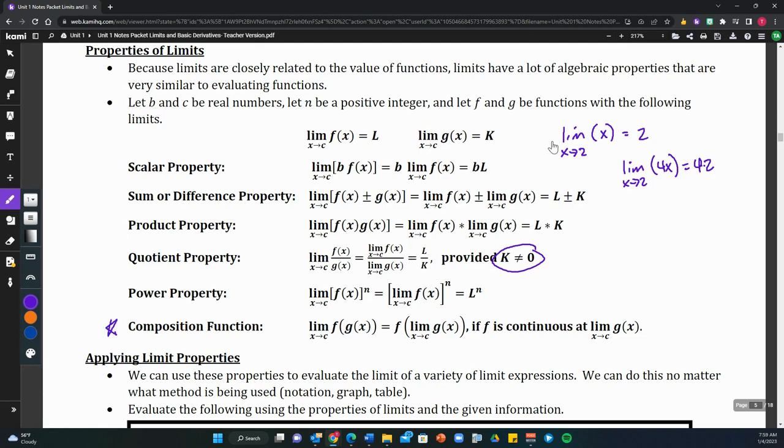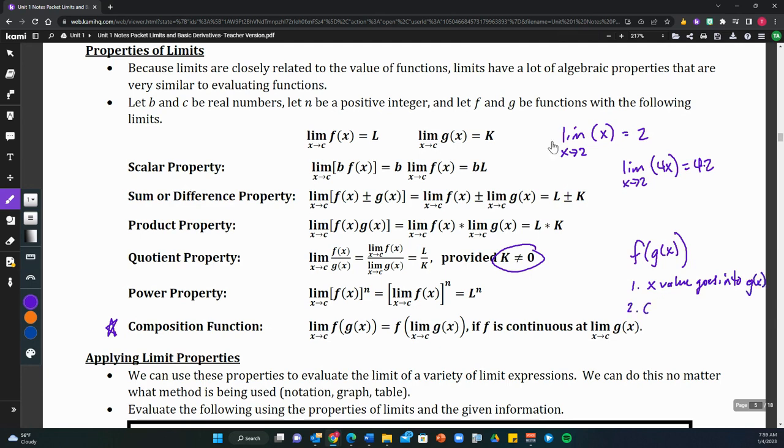The trickiest of all of these is the composition function. The reason this is tricky is because when we compose functions, you're making the output of one function the input of another. So this expression f of g of x is like a three-step process. First, an x value goes into g of x.